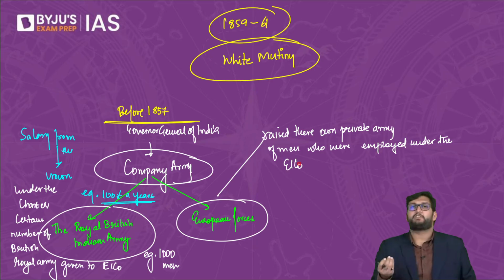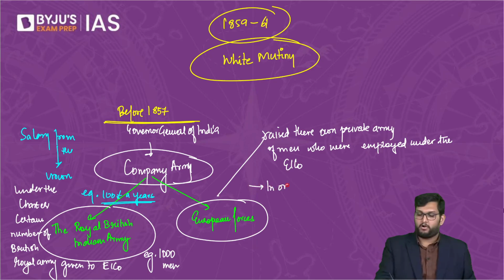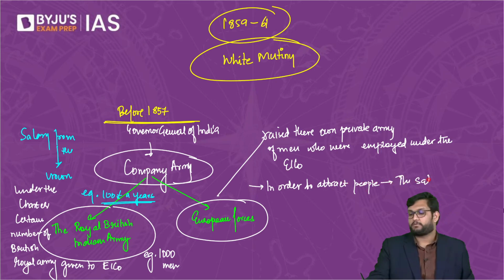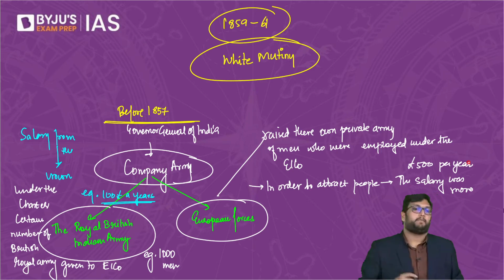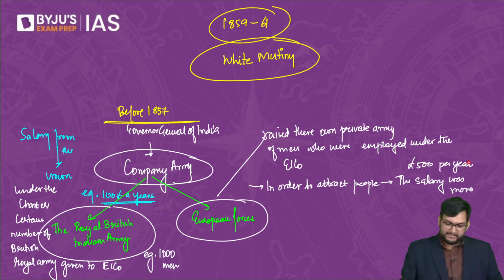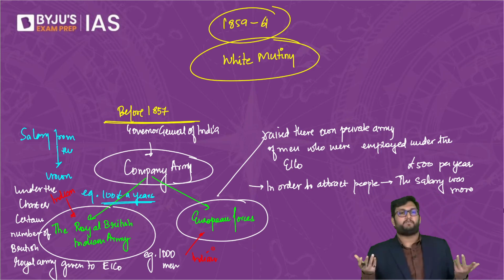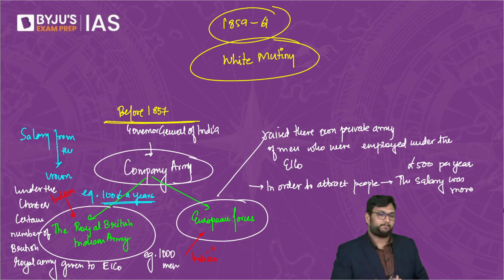This is like the private security of a company. But in order to attract people, the salary was more. For example, 500 per year. The Indian Sipahis were added to both the armies. Indians could enter this also, but all officer rank is obviously with the Europeans.